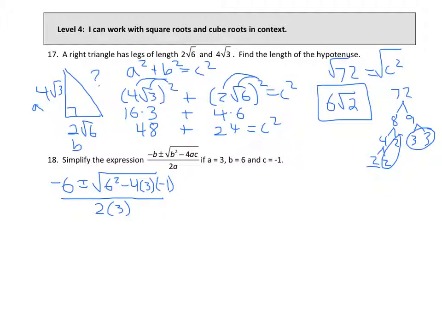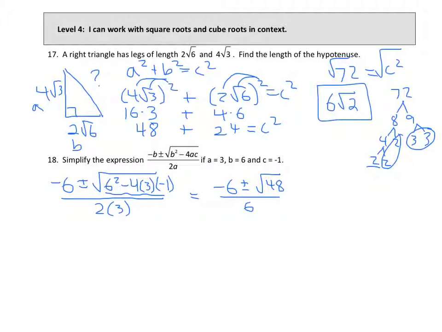Now we're going to simplify inside the radical, and we get 48, so this is negative 6 plus or minus the square root of 48 over, and then multiply 2 times 3, we get 6 on the bottom.